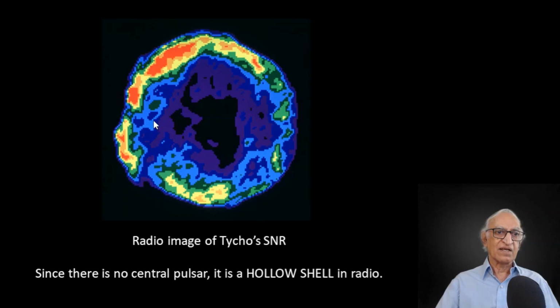So here is synchrotron radiation from Tycho's supernova remnant. It's a power law spectrum, and there is no pulsar in the case of this supernova remnant, and therefore you don't see Crab Nebula-like emission in this case.